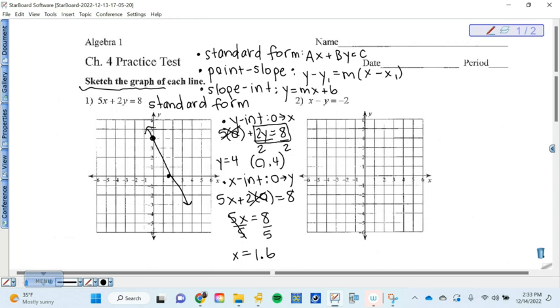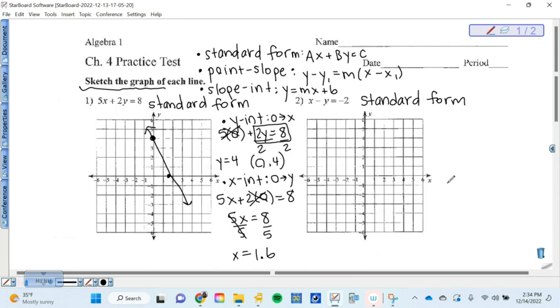Number 2, what form is that in? Yeah, it's just standard again. So this is standard form again, so we're going to get another chance to practice. What do I do to graph from standard form?